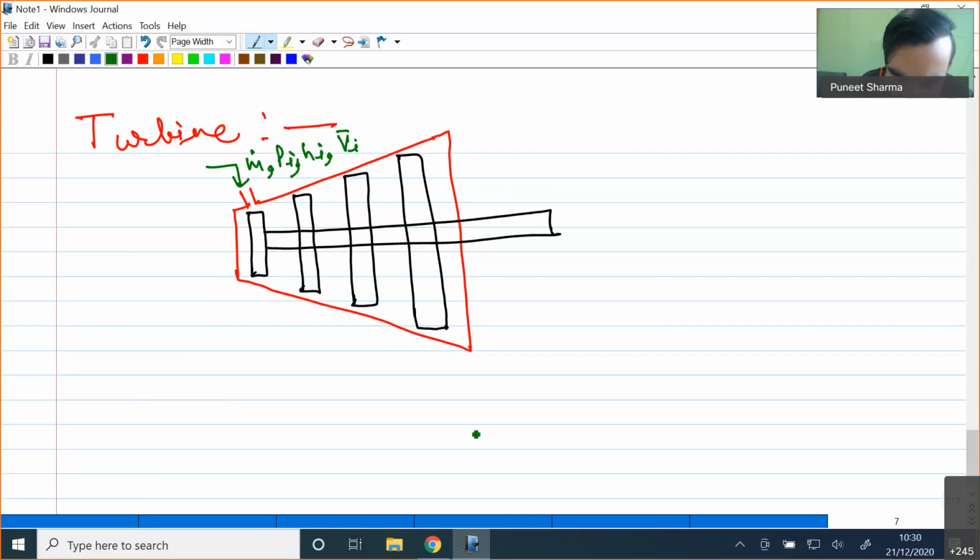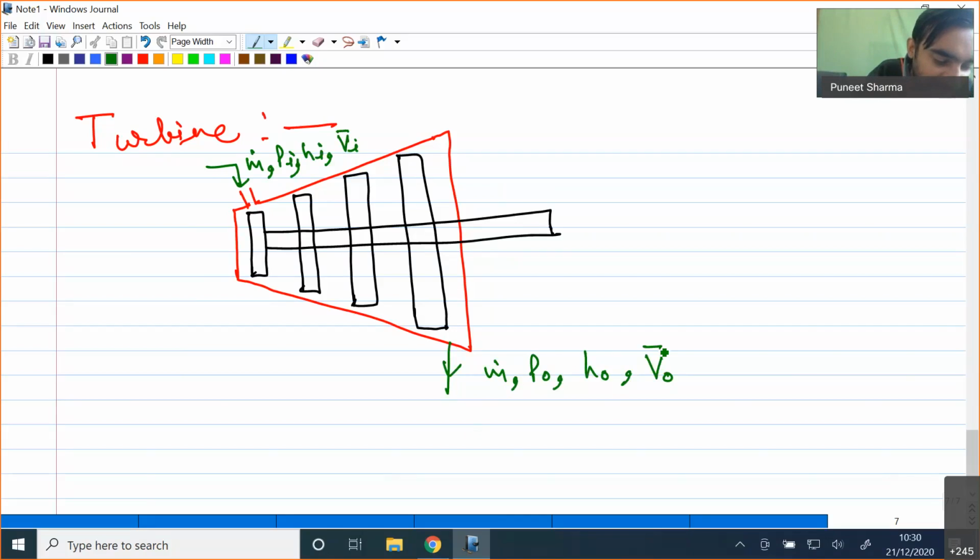Then similarly at the outlet, the mass flow rate has to be the same, because our device is a steady flow process device. So here pressure will be Po, enthalpy will be Ho, and velocity is, say, Vo bar.